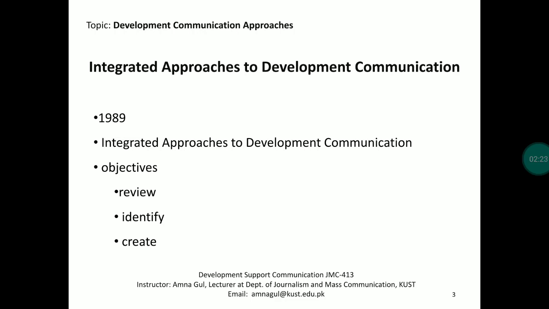Thus, a variety of theoretical models can be used to devise communication strategies for development.